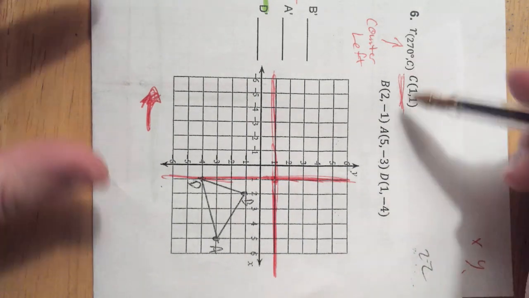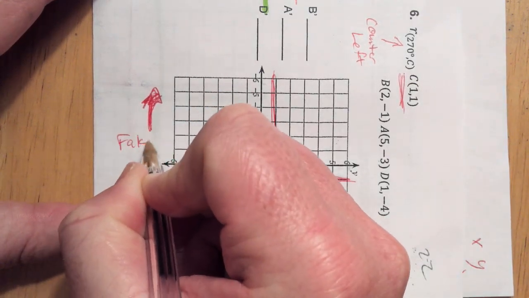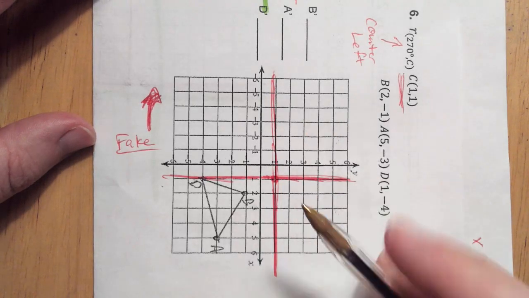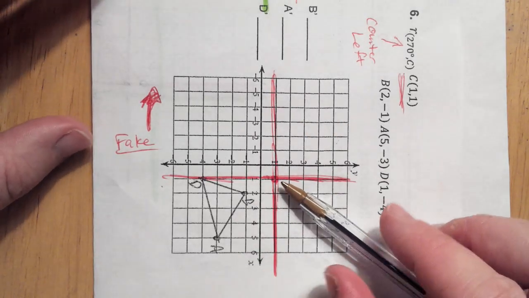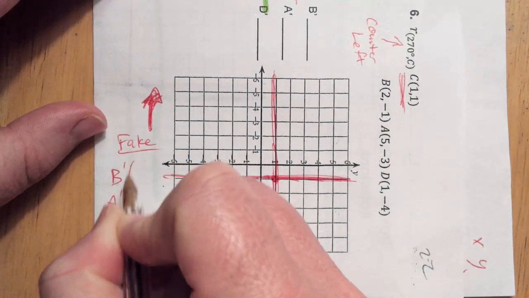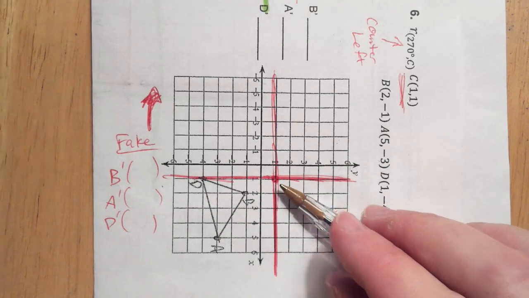What you do next is you write down your fake coordinates. So if this is 0, 0, where are B, A, and D? Where are those coordinates located? So go ahead and write down those coordinates right now.